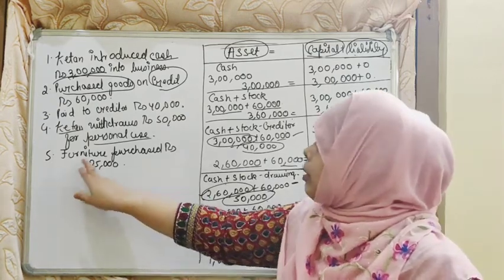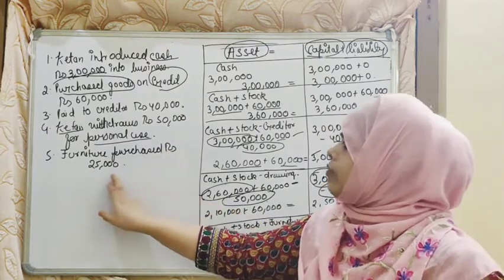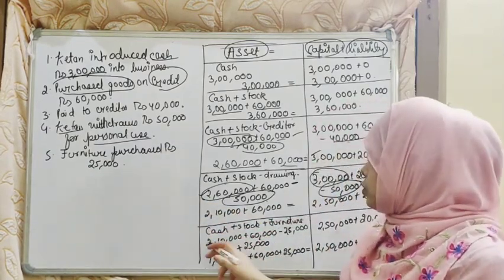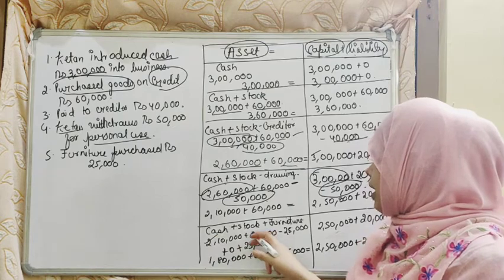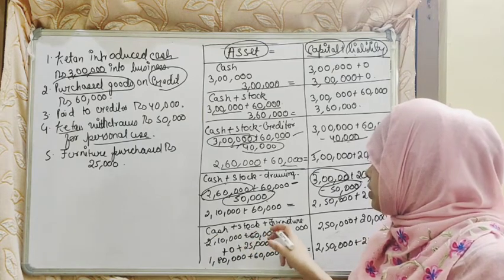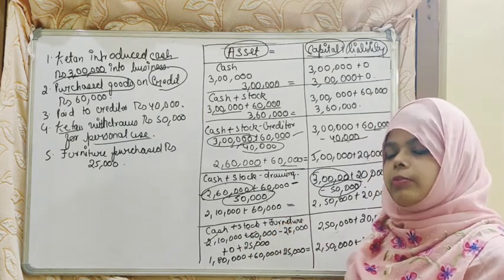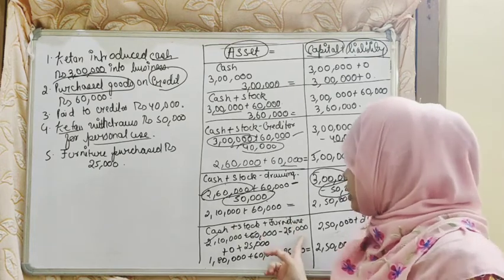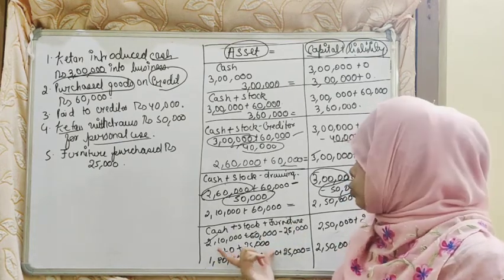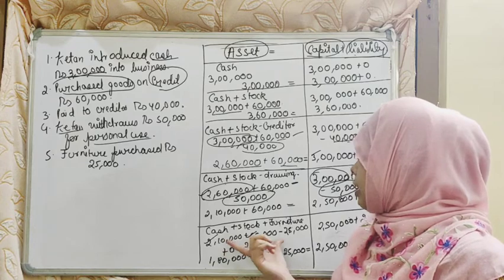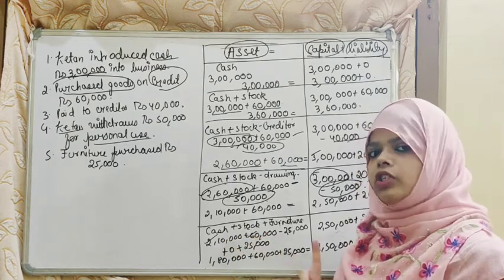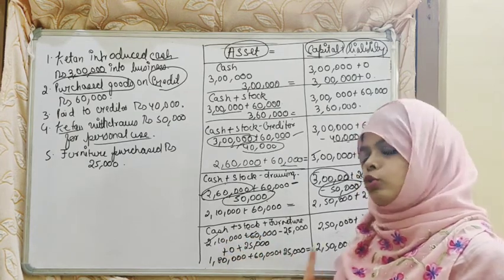The last part, purchase furniture rupees 25,000. So cash is rupees 2,10,000. We have our stock of rupees 60,000, and furniture is purchased, which means cash is going out. So minus 25,000, plus 0. Just not to make the accounting equation clumsy, I wrote plus 0. There is no value in plus 0.